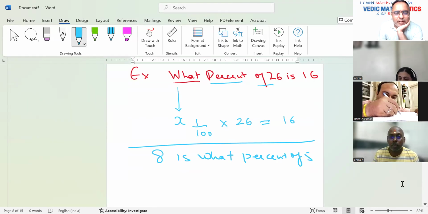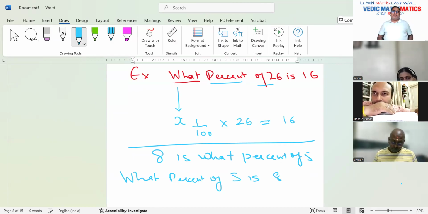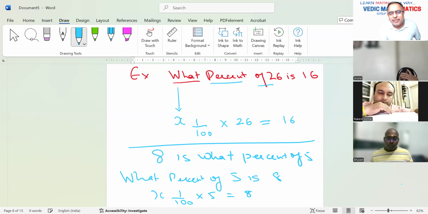8 equals, if we write it as what percent of 5 is 8, any problem? We just change it so that I should not be wrong. X by 100 into 5 is equal to 8. Finish. Got it?